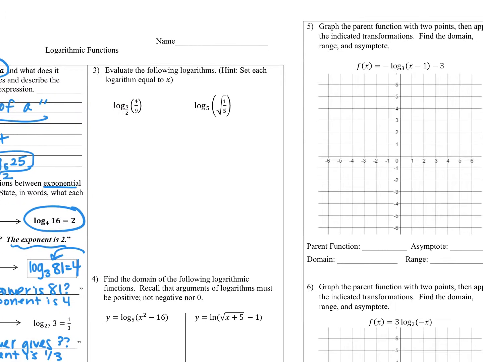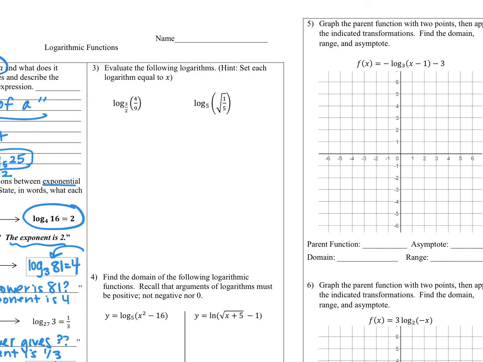Okay, so the next few we're trying to evaluate these. So it wants us to try and set each logarithm equal to x, because that helps us think about things. We're saying like 3 over 2 to what power, and we use x here, will get us 4 over 9. Well, notice that they are kind of related. 2 to the second power is 4, and 3 to the second power is 9, but it's kind of flip-flopped.